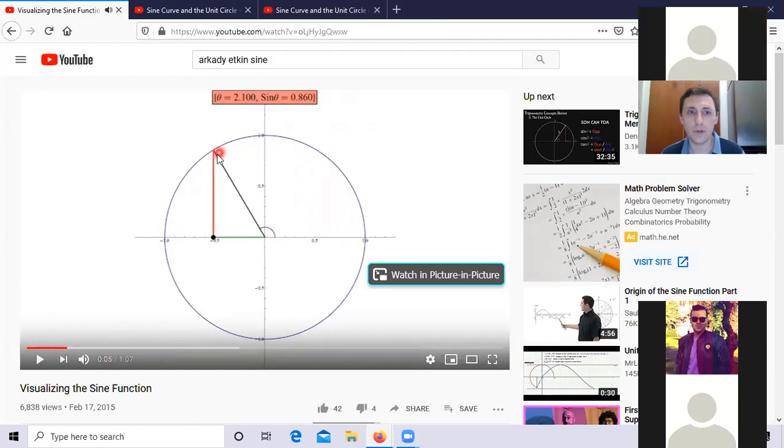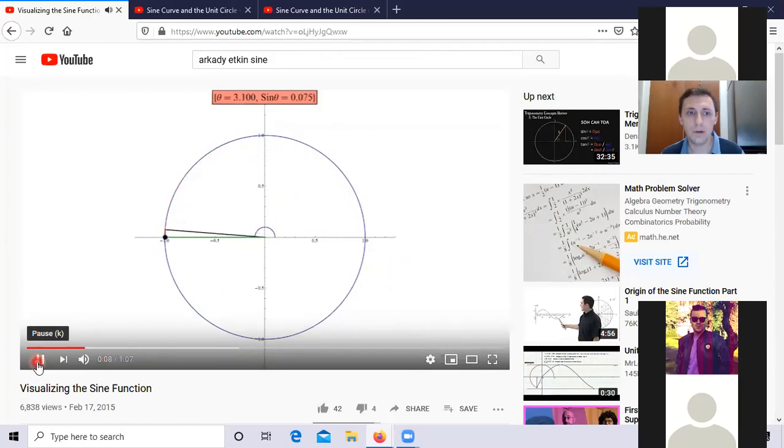Notice what's happening over here. Here the rope is again decreasing, reaching 0 when theta is approaching 3.14, basically pi.